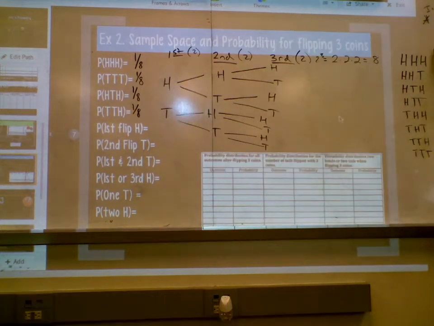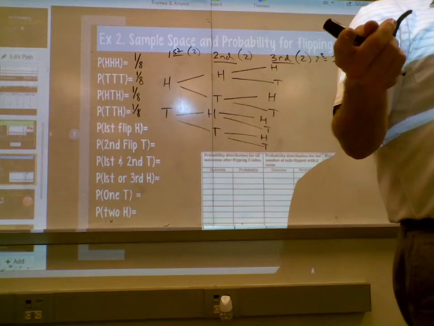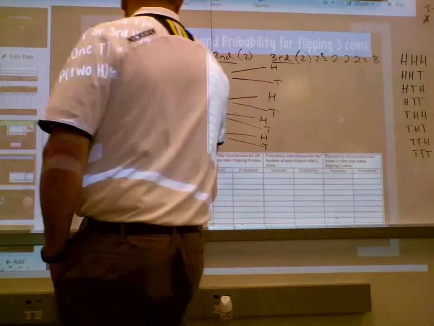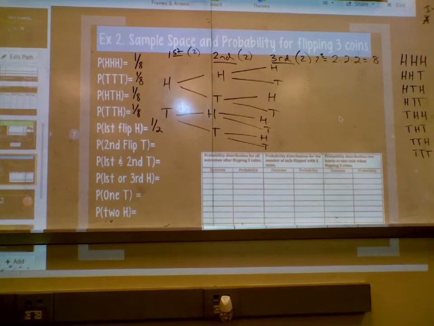If I look at my sample space, how many have a first coin heads? 1, 2, 3, 4 out of 8. So 1 out of 2 and 4 out of 8, are they the same thing? Yeah, so 1/2. Does that make sense?